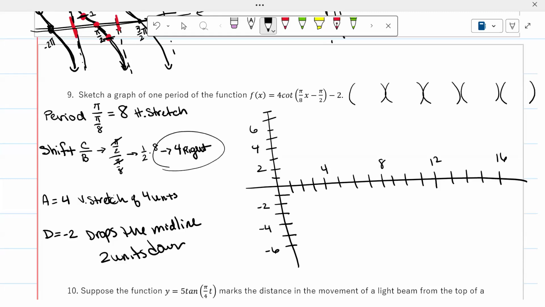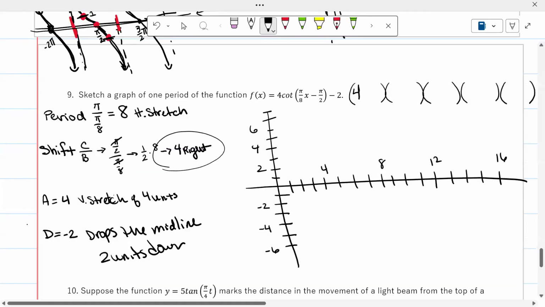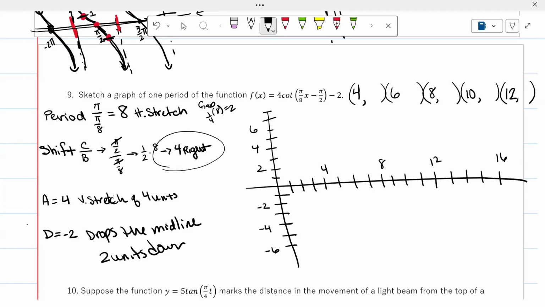Yes, I'm 4 units to the right. So rather than my key point starting at 0, it's starting at 4. The period is 8, so this is going to restart at a 12. It also means that each gap is 1/4 of 8, so 2 units large. So this will be a 6, an 8, a 10, and then a 12.